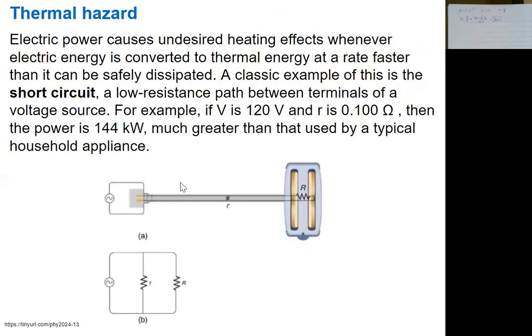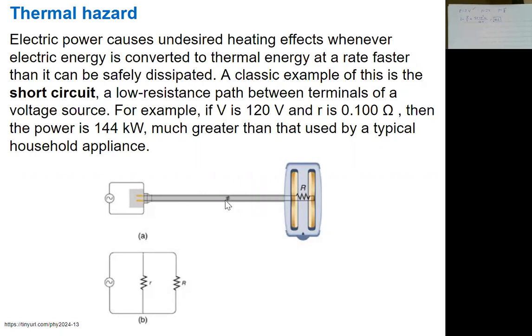A thermal hazard happens because a wire is typically wrapped by insulators, and in between there are two metal wires, which are also insulated. As time goes on, the insulation may wear out, so the two metals might come into direct contact.